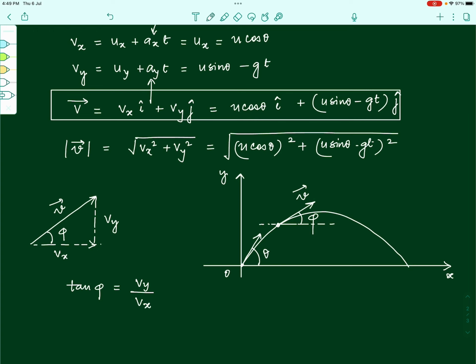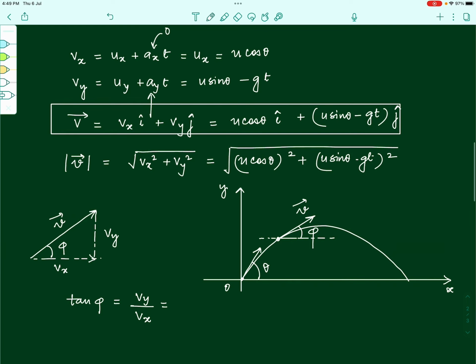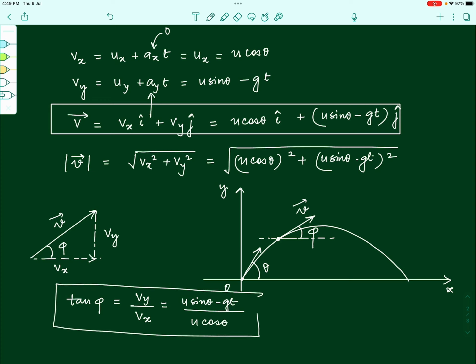So, that is how we can find out the angle that the velocity vector makes with the horizontal. We can substitute the values here. We know that Vy is u sin theta minus gt, whereas Vx is u cos theta, isn't it? So, this expression gives us the direction of the velocity vector as well.